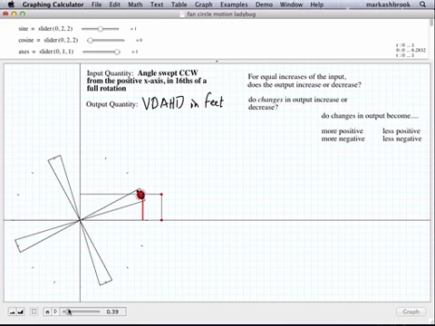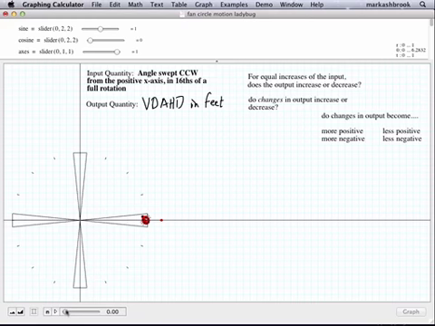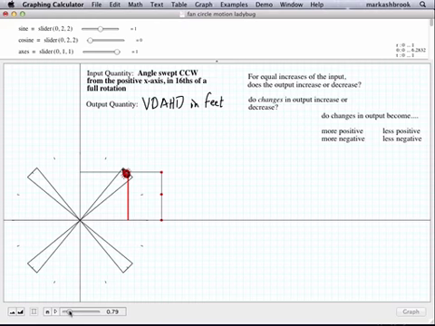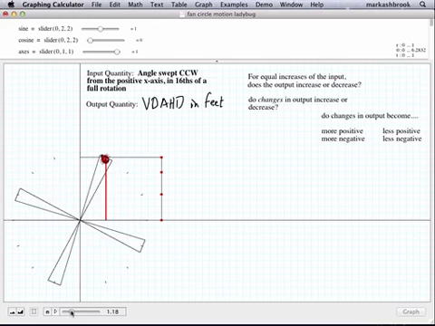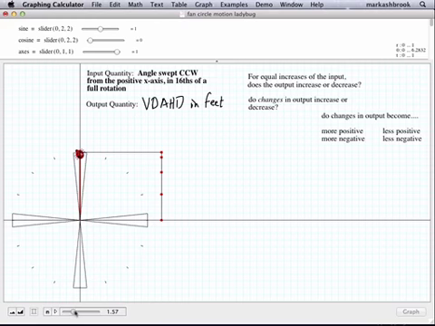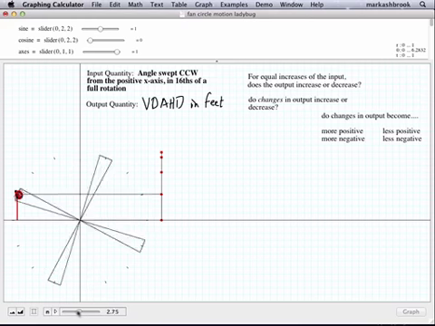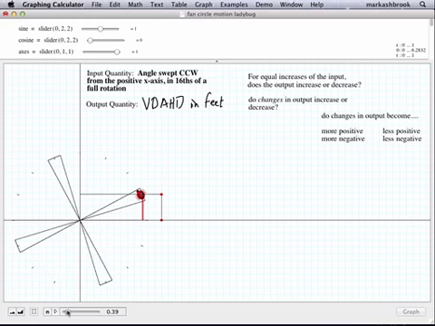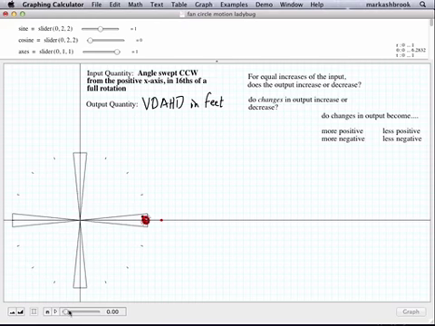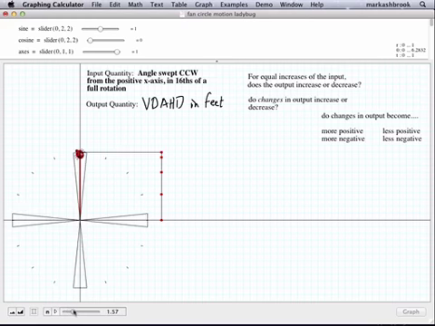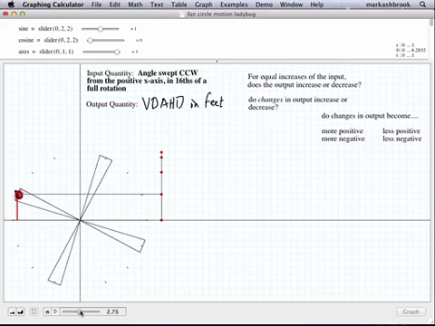I want you to talk to the person next to you. Where should you look in this diagram to see how I'm representing the output quantity, the height, and where should you look to see changes in the height? Go.